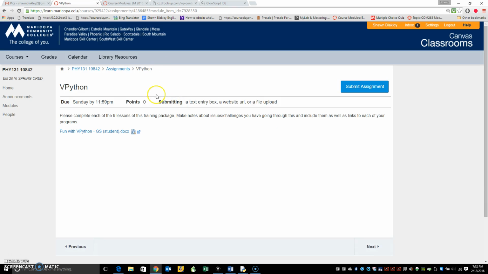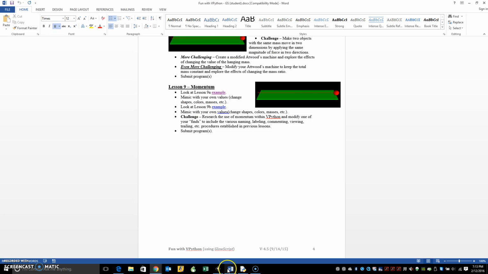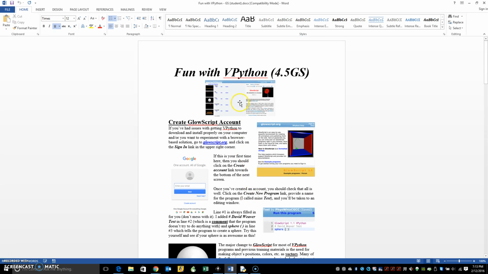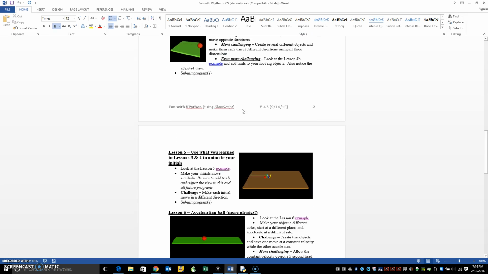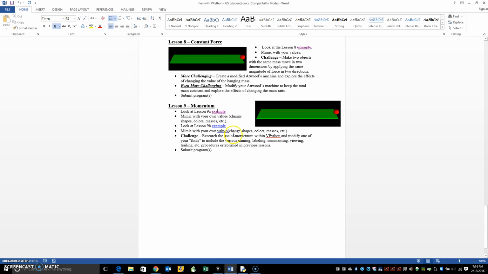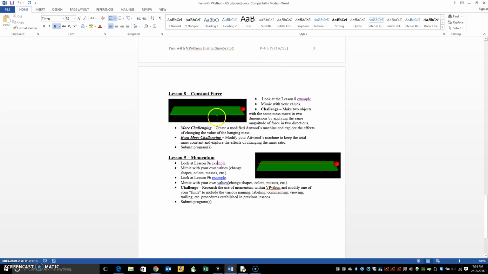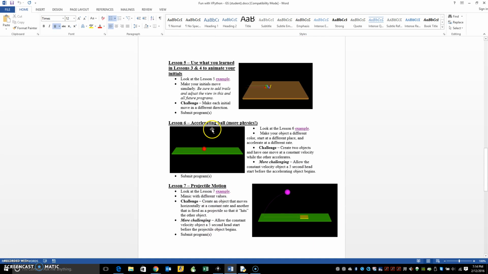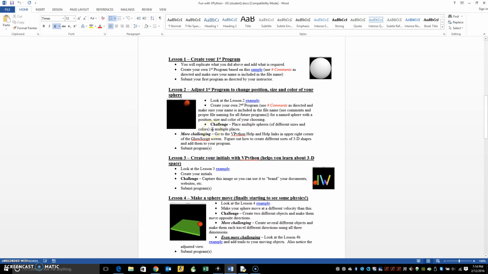So VPython. I worked with VPython in Physics 121, so a lot of this stuff was pretty familiar to me, although we did take it further this time. The assignment was to go through all 9 lessons, where we explored VPython and made several different things.